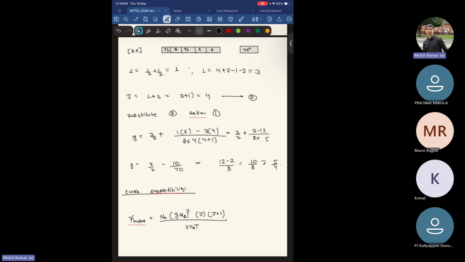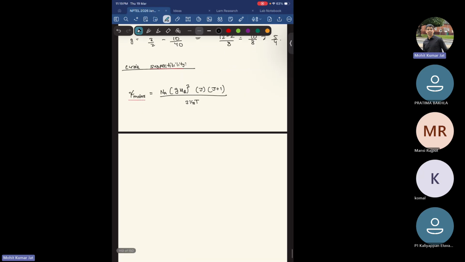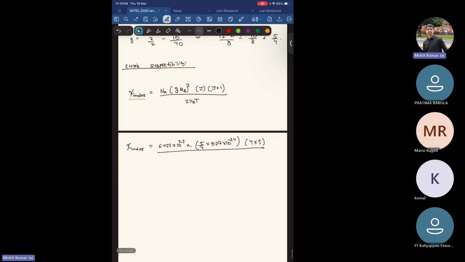Let's replace these values, and if you do so, chi molar is equal to 6.022 times 10 to the power 23, times 5/4 squared, times 9.27 times 10 to the power minus 24 squared, times 4 into 5, divided by 3 times 1.38 times 10 to the power minus 23 times the temperature.